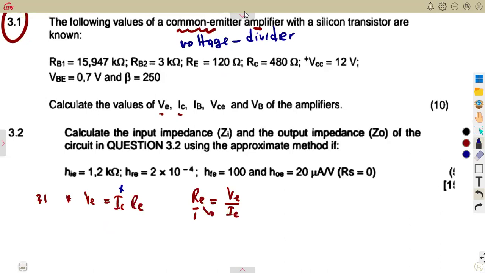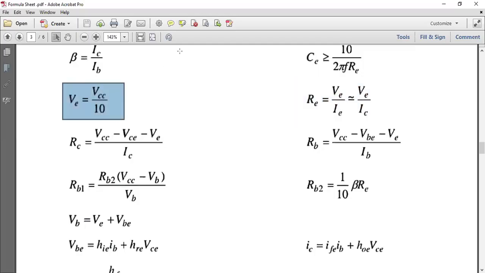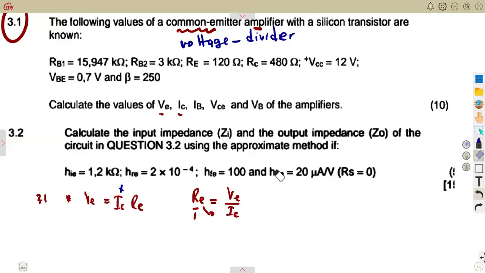Let's use this one, VCC over 10, because VCC is there. I wonder why I couldn't take this one direct and straightforward. This one, we're going to use to calculate IC, because IC is needed and we do not have that.